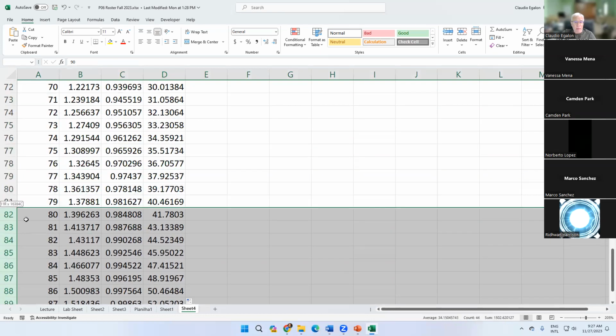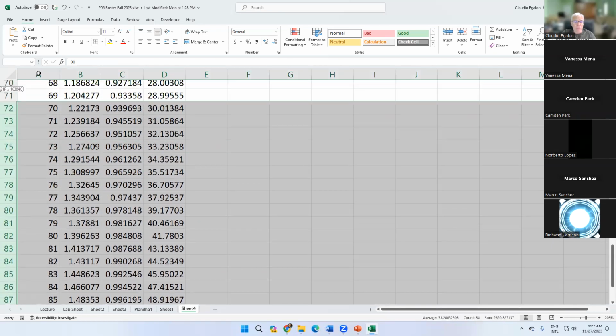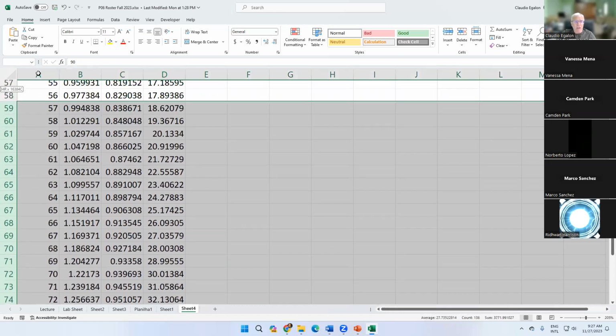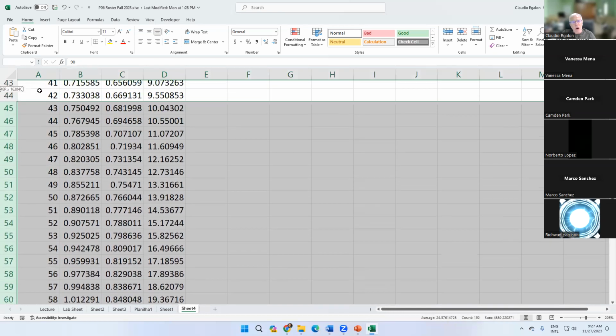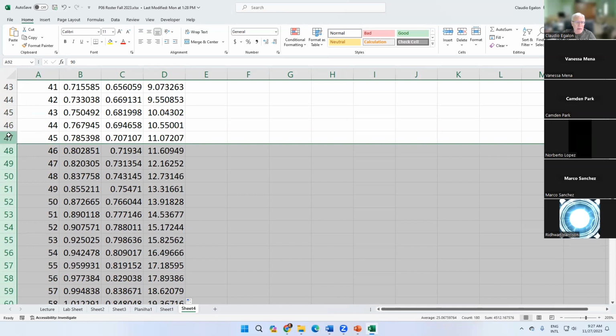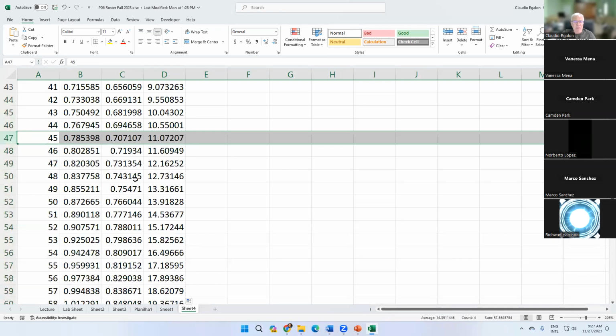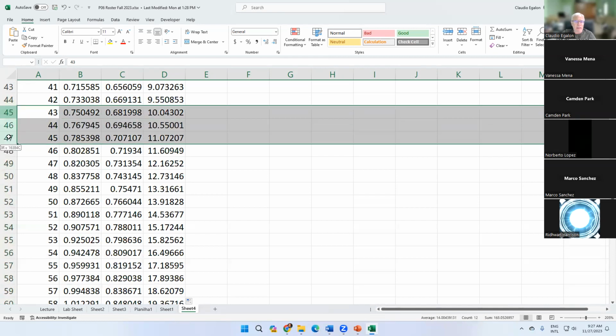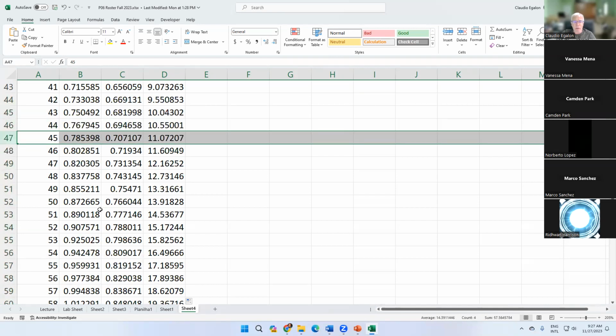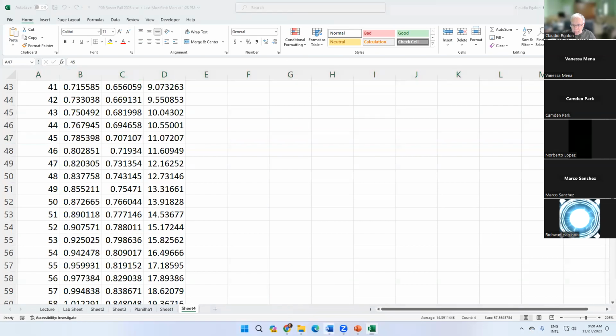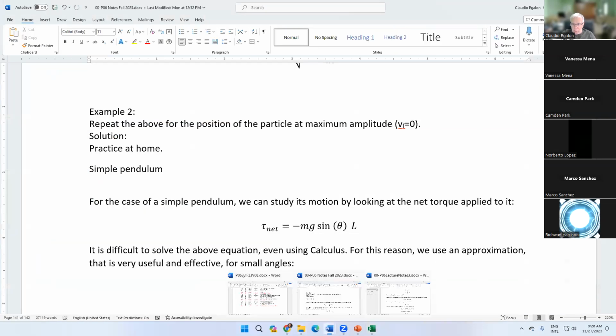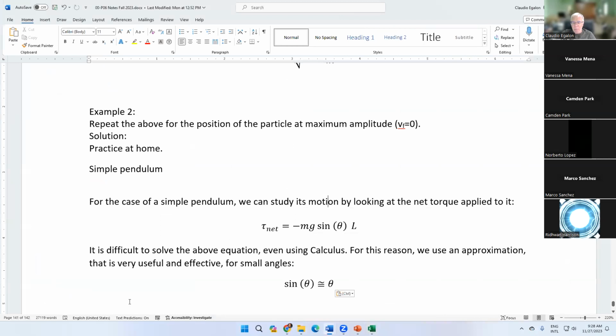I would say it applies all the way up to 45 degrees, okay? At 45 degrees, you have 11% difference. If you want to be a little bit picky, you just say 43 degrees, but 45 degrees is easier to remember, okay? So that's how this approximation works, okay?